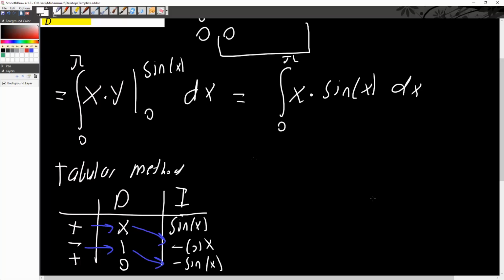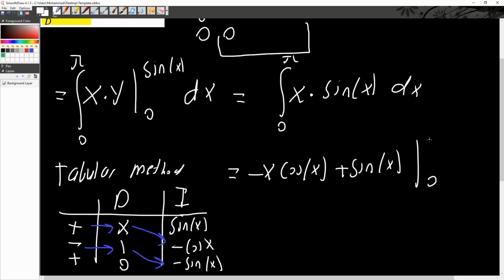So this integral would be equal to negative x cosine x minus minus, so positive, sine x. And our lower bound is 0, and our upper bound is pi. Now we're plugging in pi and 0 for x.